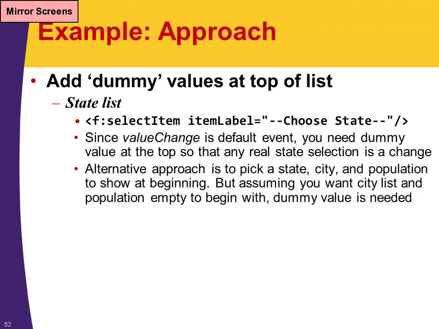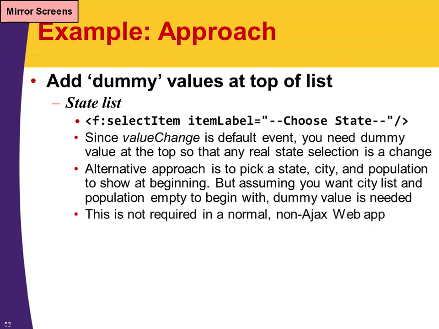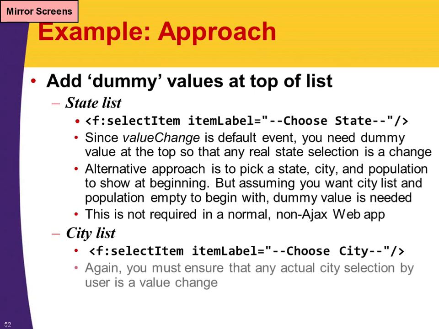Another alternative to this, which might make sense in your application, is that you pick a state, city, and population by default as a starting point, and then you force them to go back and change it to find what it is they're interested in. That works too. In that case, you don't need the dummy value. Then for the city list, you would do the same thing, because again, it's multiple levels.